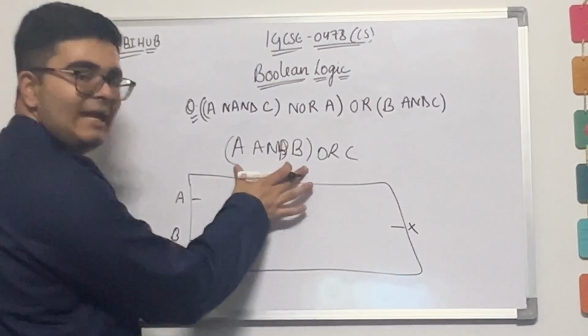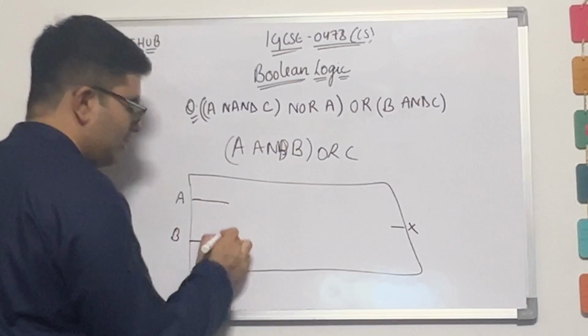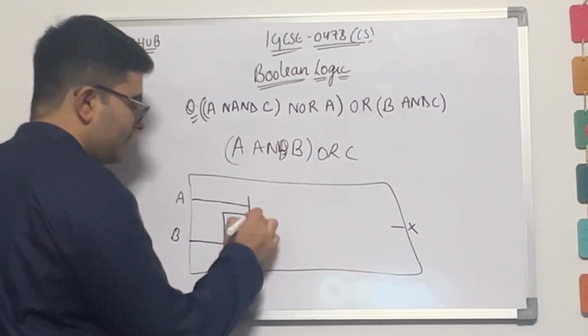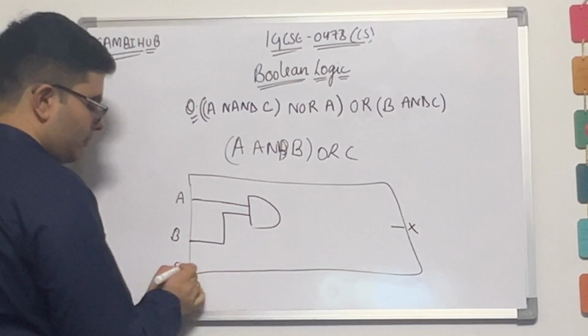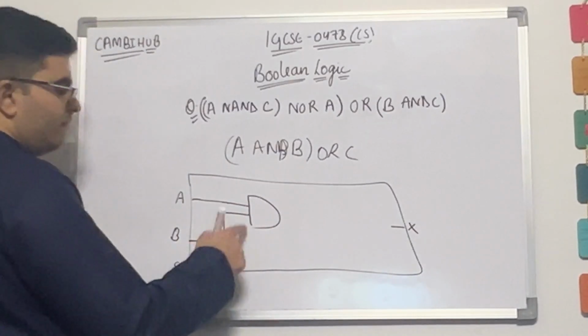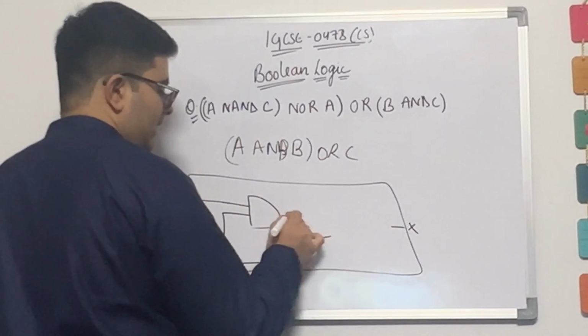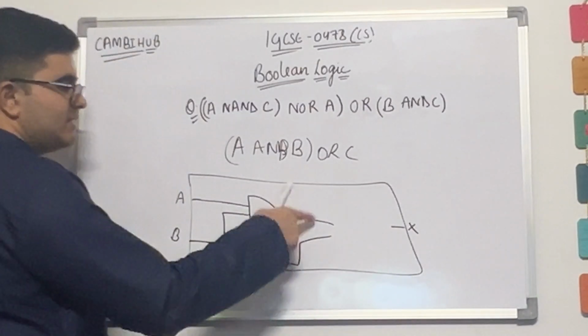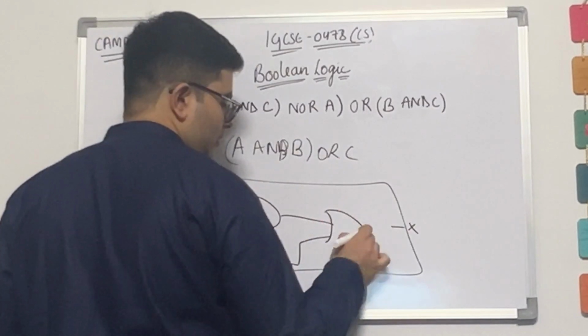First, I will do A and B. So I'll take a wire from A, wire from B, right? I'll do AND of them, right? Okay, there's a C input also, right? Then I'll take the input C, right? And I'll take the output of this and I'll do a OR with it.